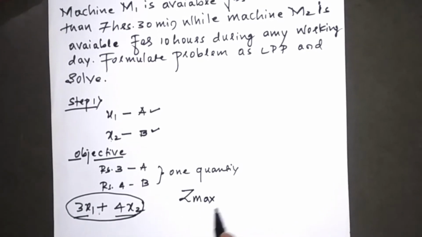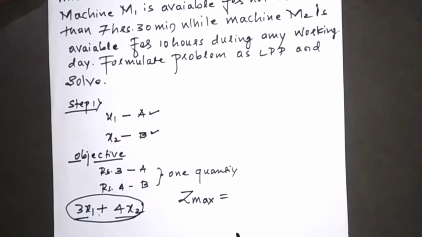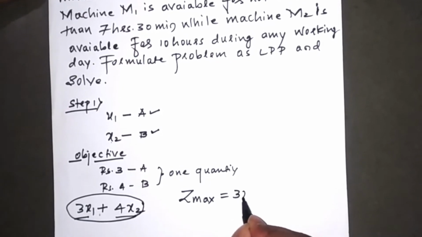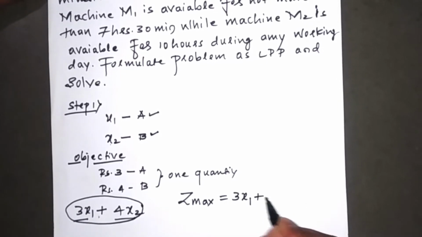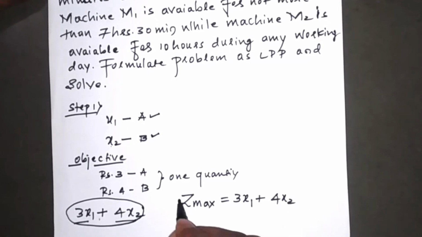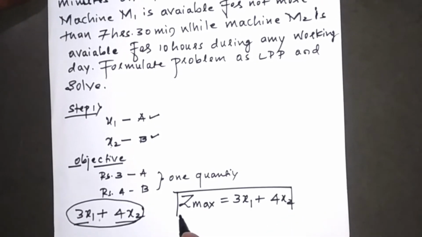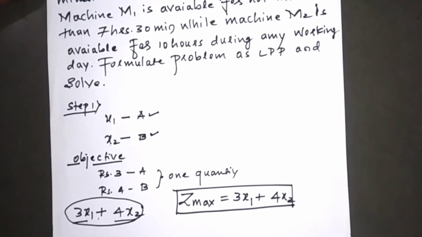Maximize the profit, which is equal to 3X1, the total profit by selling X1 number of A, plus 4X2, the profit from product B. So this is my objective function. This ends the formulation part where I have written the objective function.